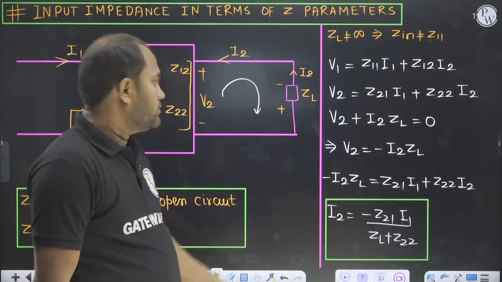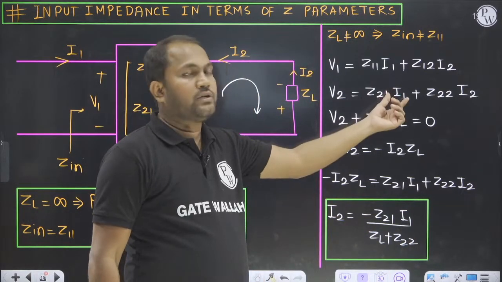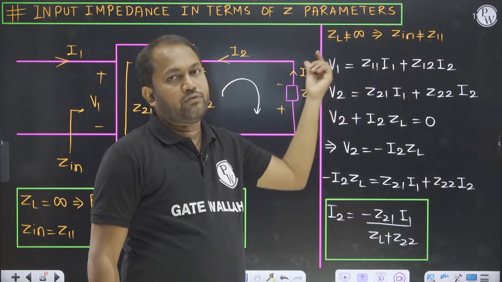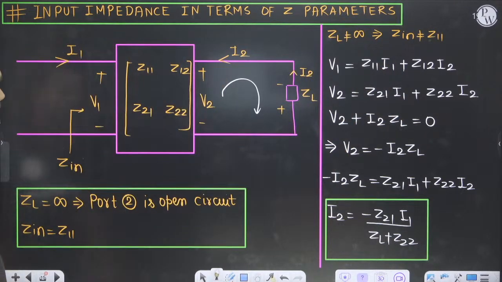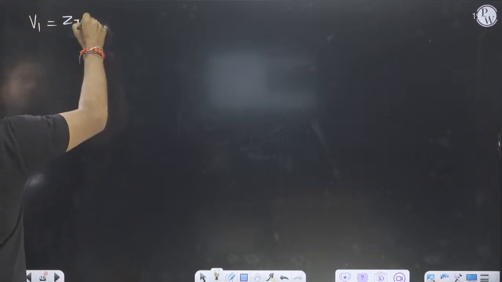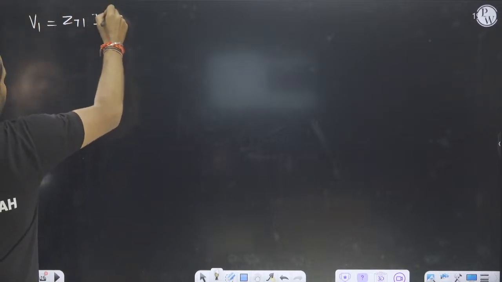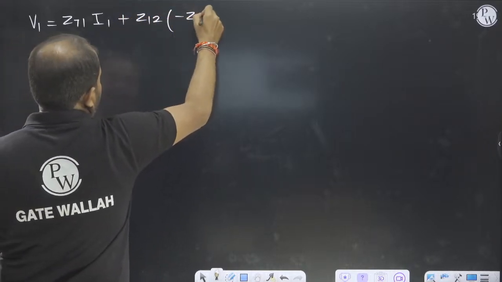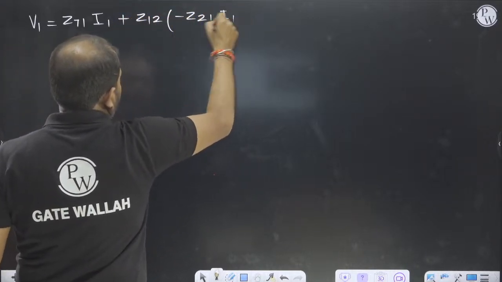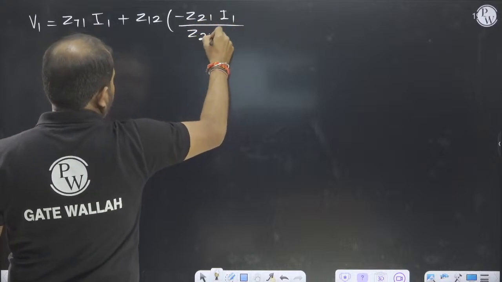Then I will put I2 in this equation and find out V1 by I1. So V1 is equal to Z11 I1 plus Z12 times minus Z21 I1 divided by Z22 plus ZL.